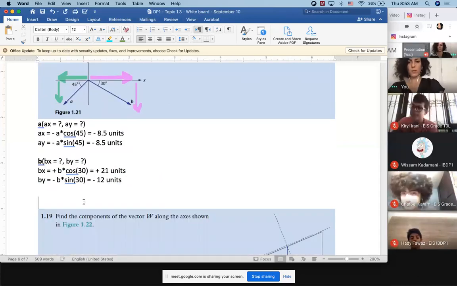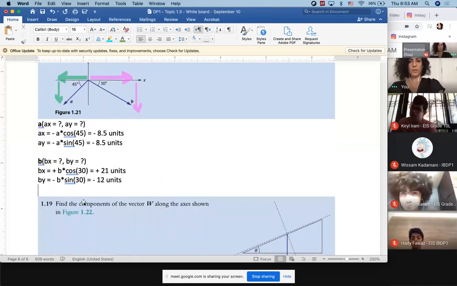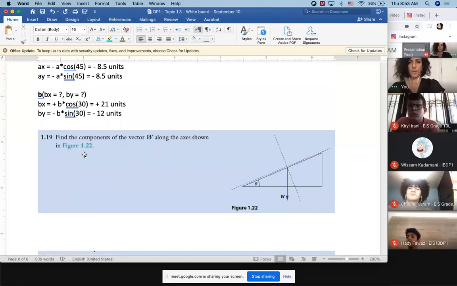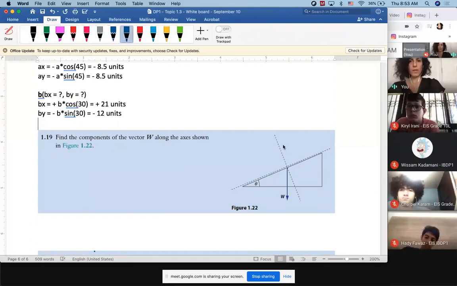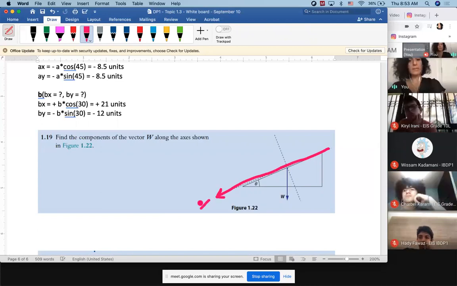Okay, now I need Tony with me. Tony, we need to find the X and Y components, but the weird thing in this drawing is that the x-axis is in this direction. Let me use red because there's a lot of blue involved. So this is your x-axis. Usually it's a very important way to see it because it's an inclined plane and we take the x-axis along the plane to make my life easy.